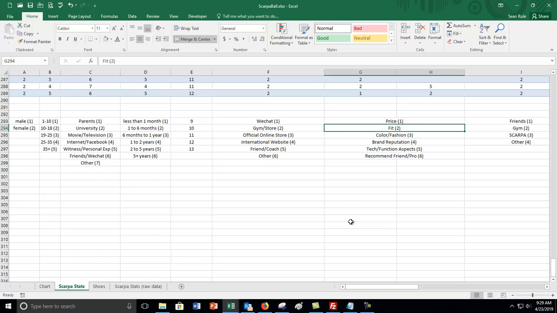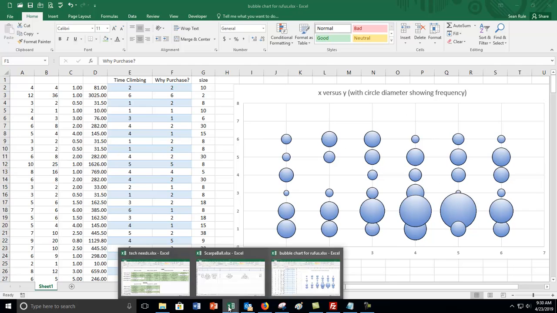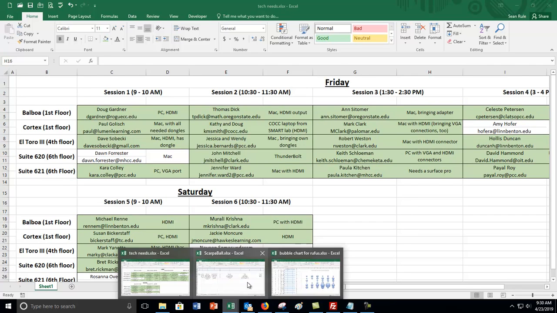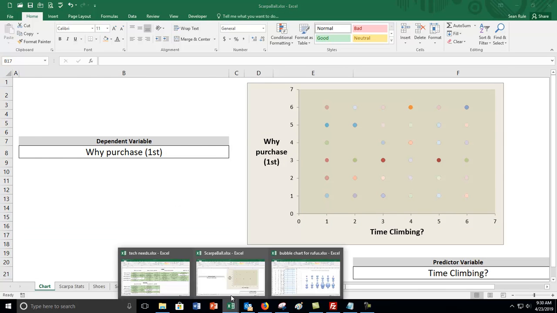But big idea, with this bubble chart right now, if you want to drop data points in to analyze them, you have to manually do it for now until I can figure out how to get this chart into this spreadsheet. I just haven't been able to figure it out yet because of how the bubble chart works.